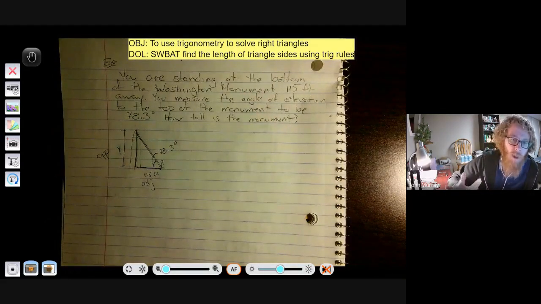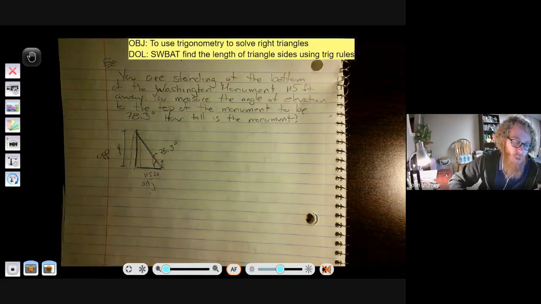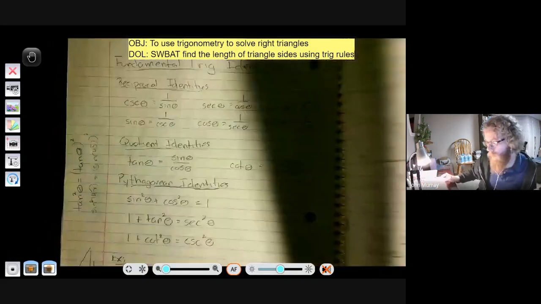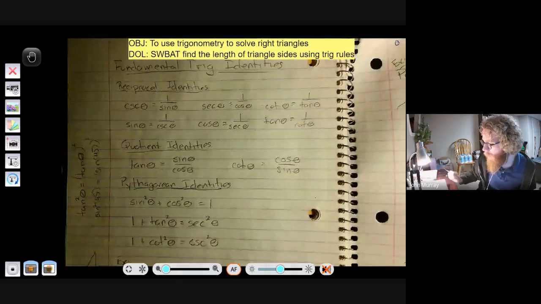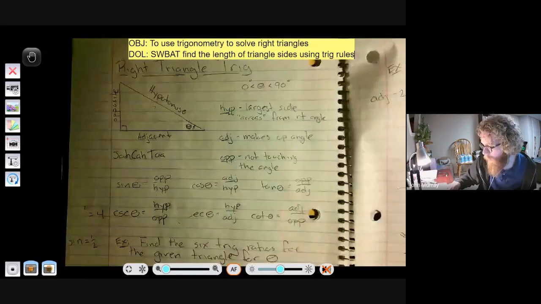So now you have to say to yourself, what function am I going to use that has a relationship of the opposite and the adjacent side? You can go back to the list that we came up with yesterday or last week.